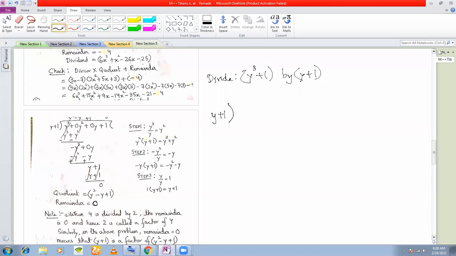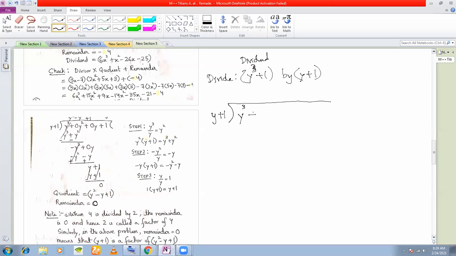So I'll not write. But what you see here is something very strange. You have a y cube, but you don't have a y square, you don't have a y, right? Whenever you come across algebra, whenever you come across a dividend, always try to write the dividend in descending powers of the variable.